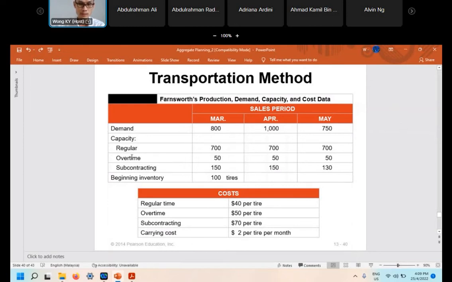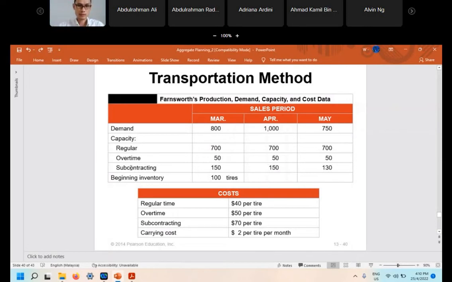The same meaning applies to overtime. In March, the company will have an overtime capacity of making 50 tires. In April, also 50 tires. In May, 50 tires. Again, the overtime is not in hours, but shows the capacity in terms of the number of tires the company can produce.